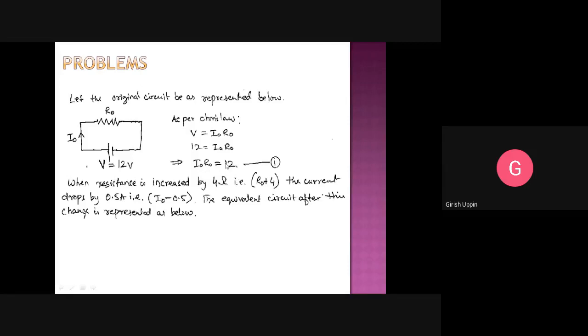I naught is equal to 12 by R naught. So in this equation, wherever there is an I naught, we replace it by 12 by R naught. So this is 12 is equal to, this I naught is represented by 12 by R naught into R naught plus 4 I naught, okay, I naught is 12 by R naught, minus 0.5 R naught, minus 2 as is.